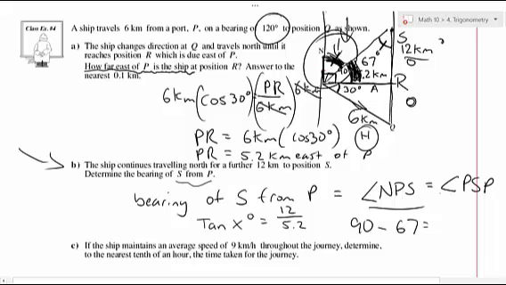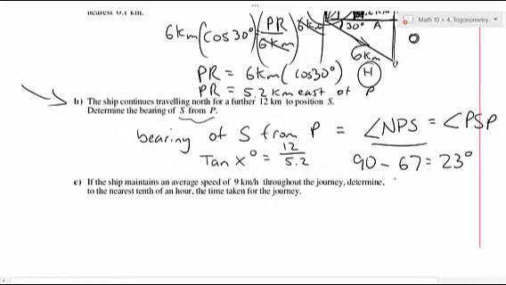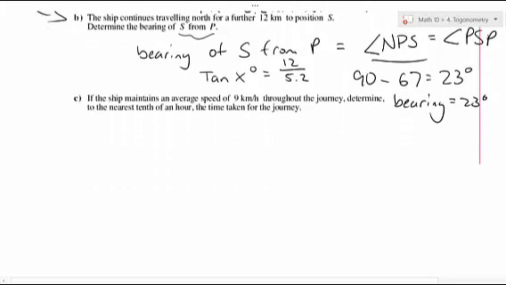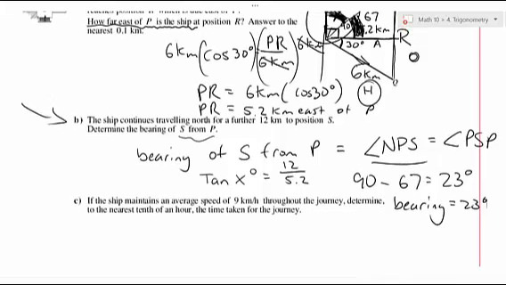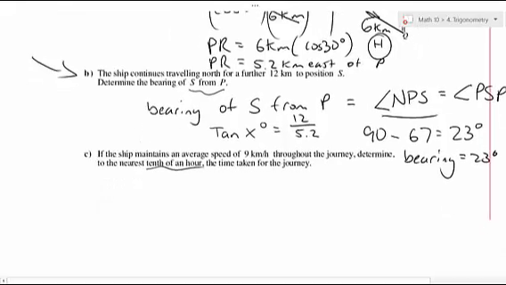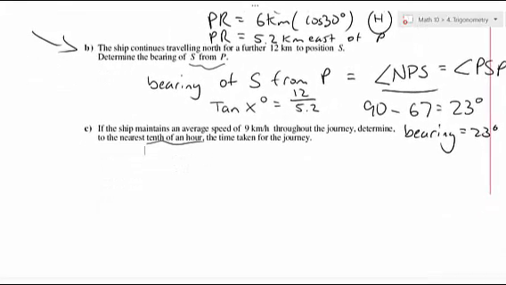So that is going to be 23 degrees. So the bearing equals 23 degrees. Now finally, if the ship maintains an average speed of 9 kilometers an hour throughout the journey, determine to the nearest tenth of an hour the time taken for the journey.